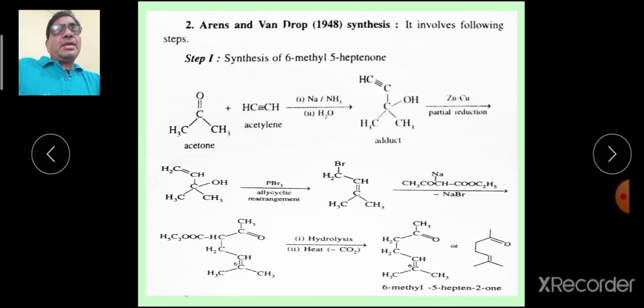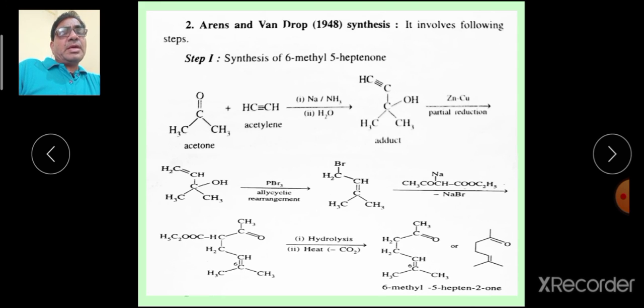This is the second method. This is for you for homework. Study this reaction, the same reaction. This is the first acetylation. Here addition takes place. Partial reduction of this bond, one bond, and therefore CH2. Allylic rearrangement takes place. Then this sodium derivative of acetoacetic ester gets attached to this with the elimination of NaBr.